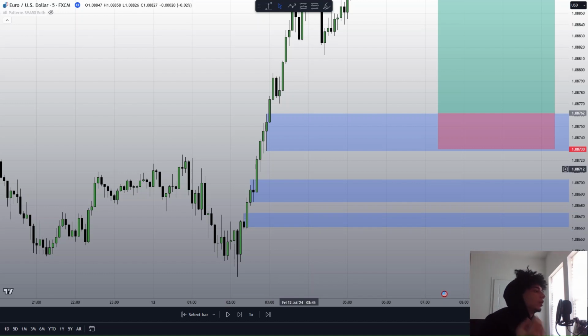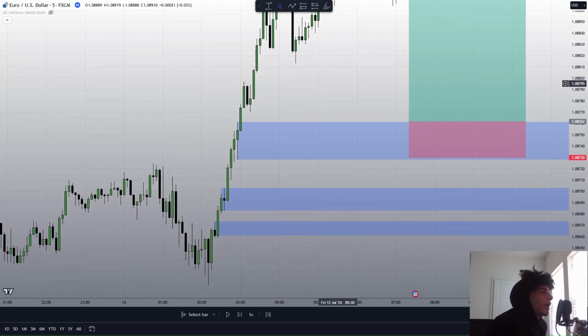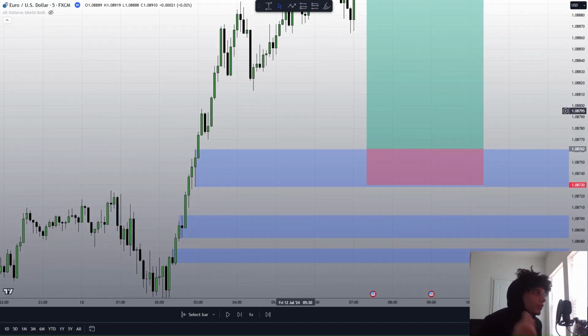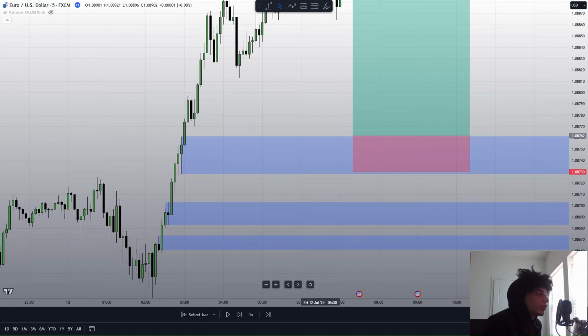Now you'll find this a lot, like the demand zones, and you might be like, oh well, which one is it going to go to? Chances are price is most likely going to go to the first order block and not the other ones, because these would be extreme order blocks, and price is more likely to go to the first one, then break through and go to the other ones.